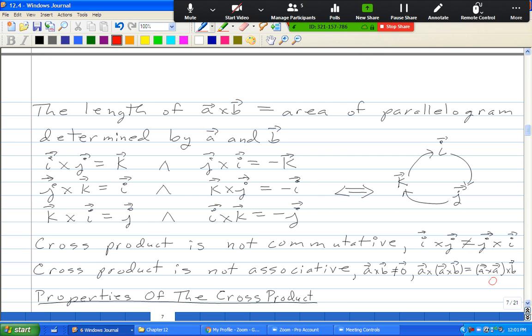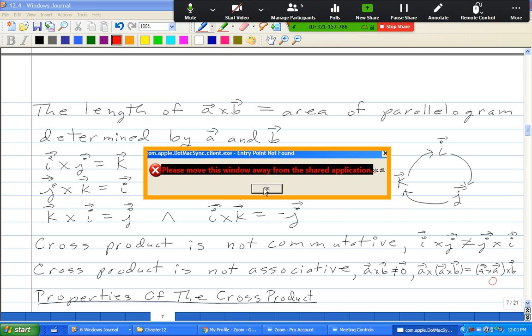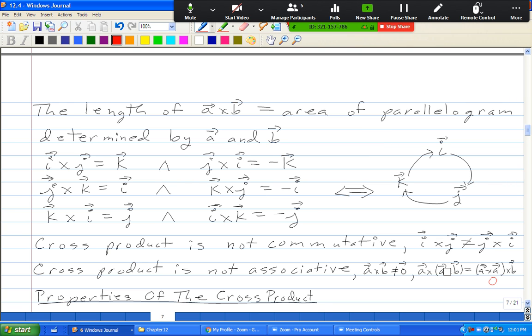Now, A is perpendicular to A cross B. So the only way that this could be 0 is if one of them were 0, but the assumption is that they weren't 0. And so I know that this is not 0. And so that's a contradiction.